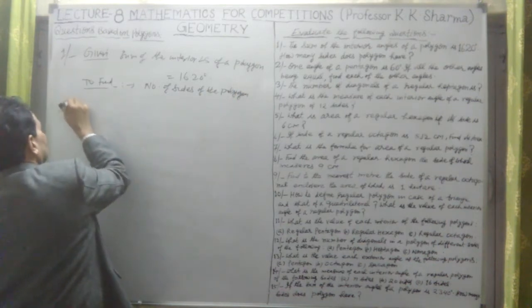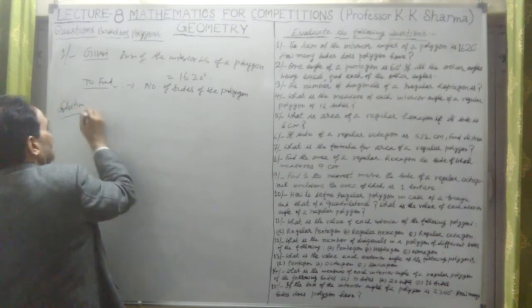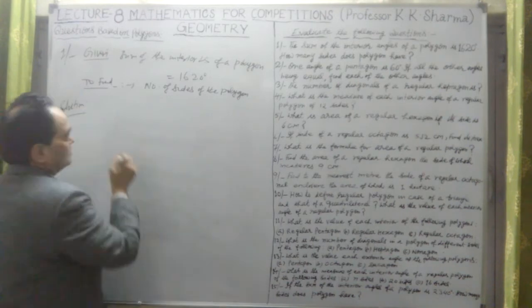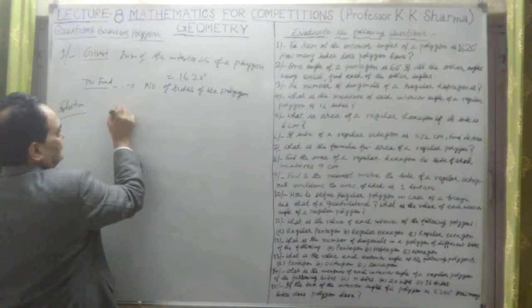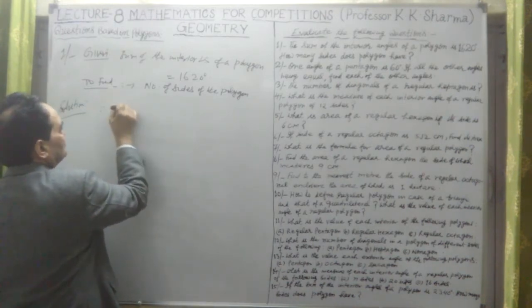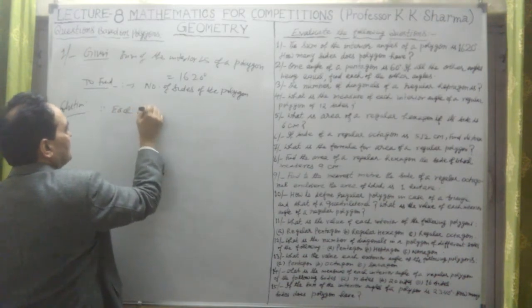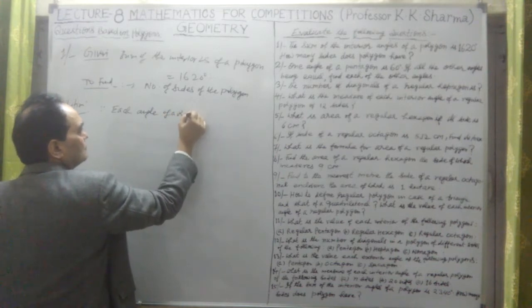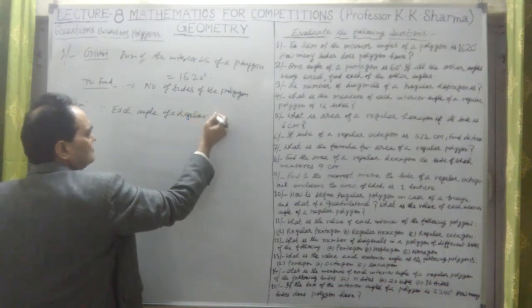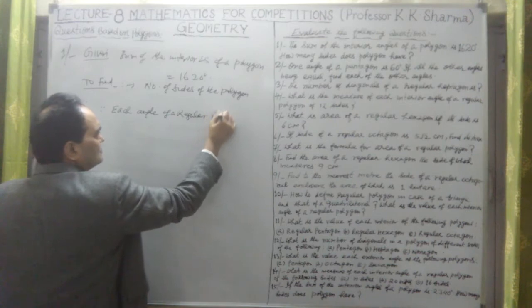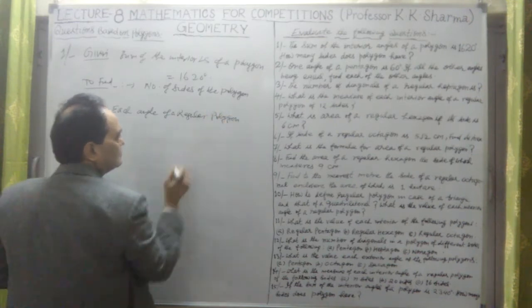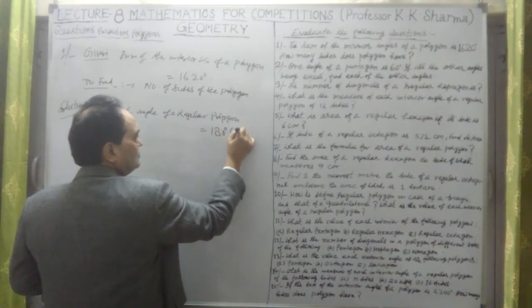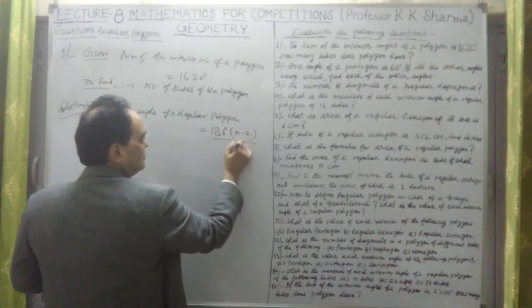Solution. Now see here the solution. We know that each angle of a regular polygon is equal to 180 degrees into (n minus 2) upon n.